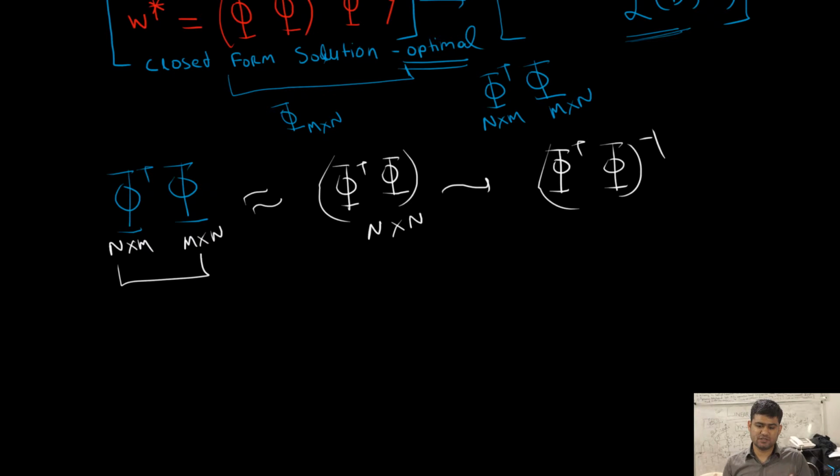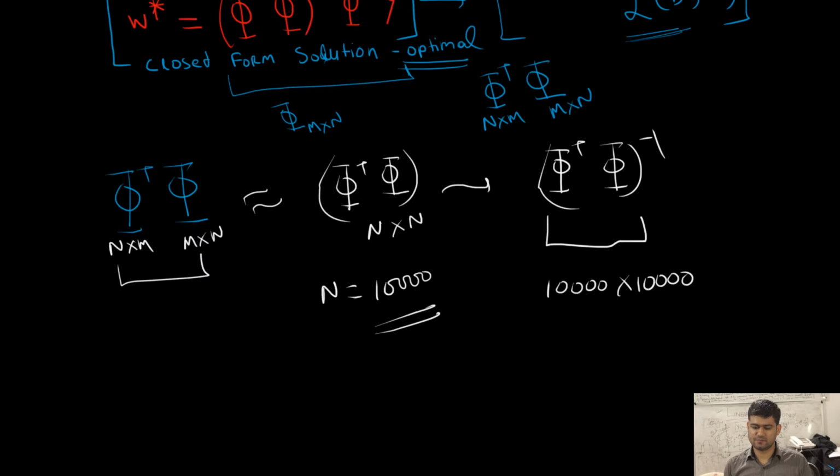So if the input dimension or the feature function's dimension is very high, for example, let's suppose n equals 10,000, in that case, this matrix would be a 10,000 by 10,000 matrix, and then we'll have to invert a 10,000 by 10,000 matrix. And then we have to multiply it by phi transpose times y.